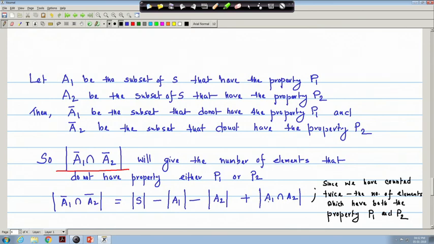And this actually gives us our inclusion exclusion principle. So, this is the indirect way of counting, that means we count the number of elements which have property P1, which have property P2, or which have both, and then we find the number of elements which do not have the property P1 or P2, that is A1 bar intersection A2 bar.